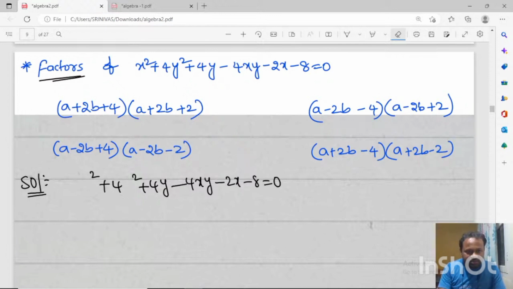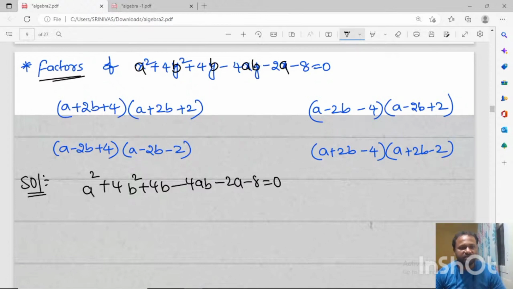Instead of x square, y square, I will write it as a, b. So, a square plus 4b square plus 4b minus 4ab minus 2a. Change the question like this. So this is the question.